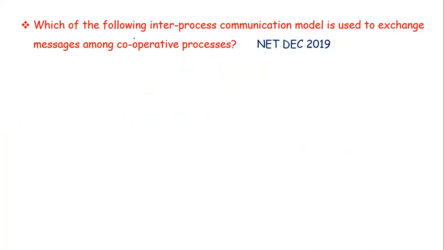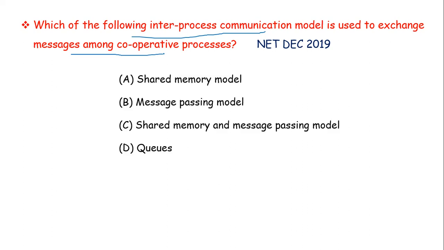Next is: which of the following inter-process communication models is used to exchange messages among cooperative processes? First we need to know what cooperative processes are. Cooperative processes are not independent processes, that is, they can be affected by other executing processes. Let us see our options.